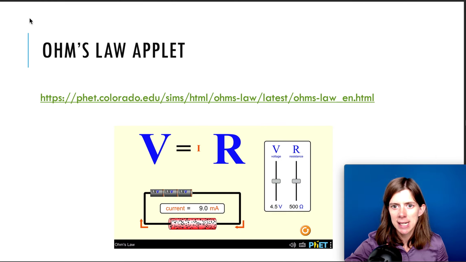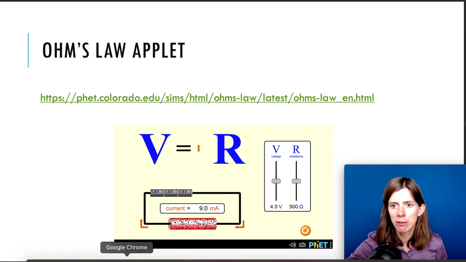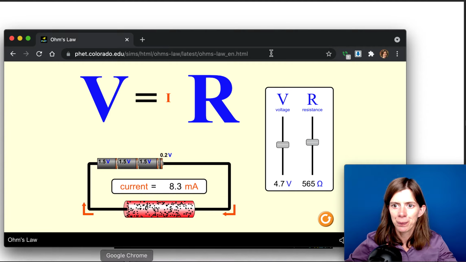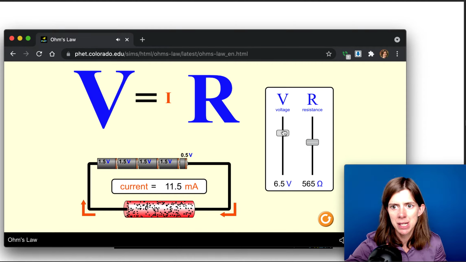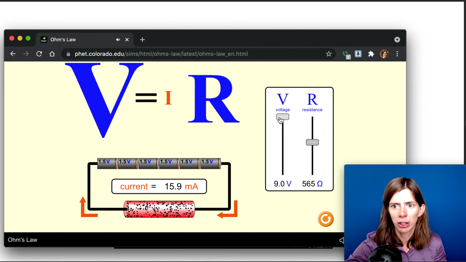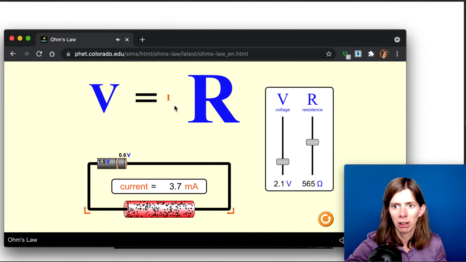Let's take a look at this applet real quick just for another visual. This is a PhET applet called Ohm's law, and you can change the parameters and see how the voltage and the resistance affect the current. As we increase the voltage, we can see that the current gets bigger. You can see the little I here gets bigger and bigger as you increase the voltage.